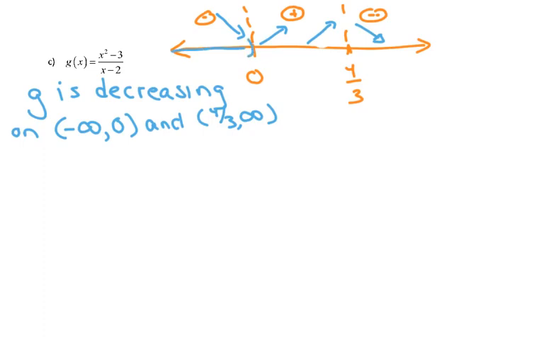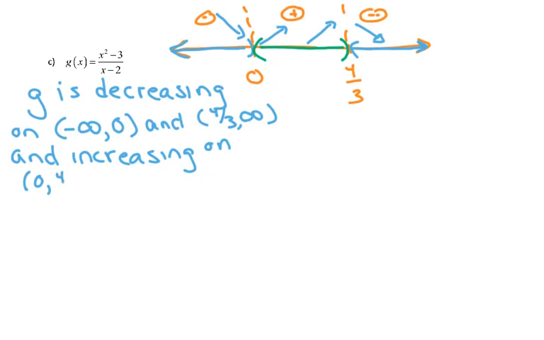These are the open intervals where G is decreasing and increasing on that middle interval, which is 0 to 4/3.